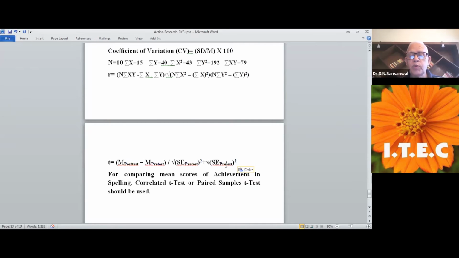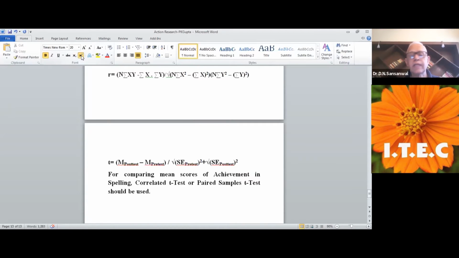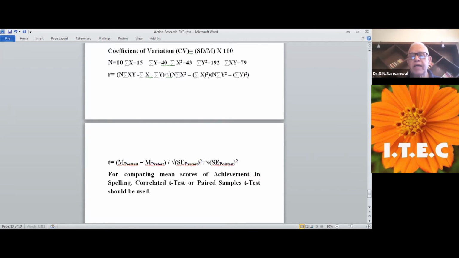Here I say post test. Then here it is minus 2r, that is correlation.